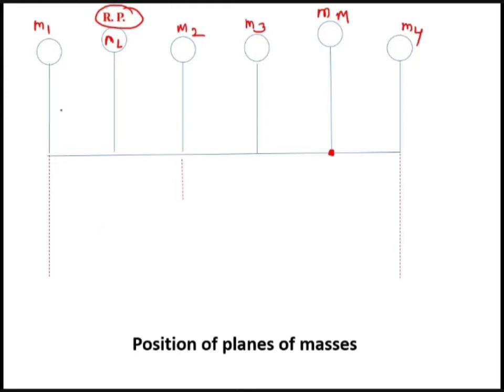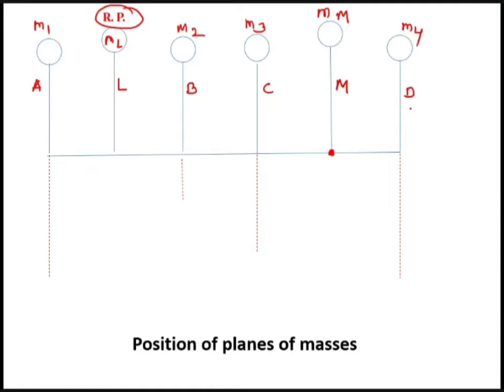Let us say these masses are rotating in different planes: this plane is A, this is B, this is C, and this is D, and this is plane L and this is plane M. So mass M1 rotates in plane A, balancing mass ML in plane L, mass M2 in plane B, mass M3 in plane C, mass MM in plane M, and mass M4 in plane D.